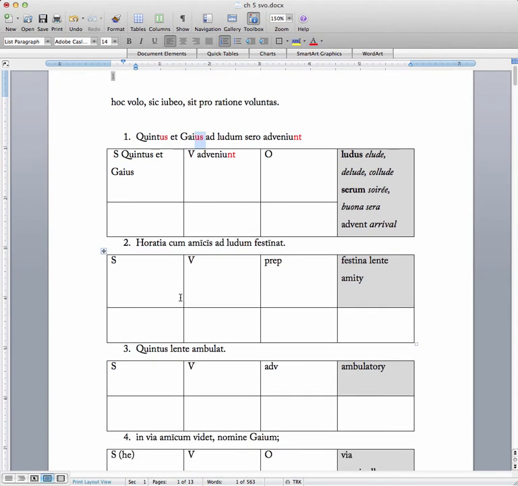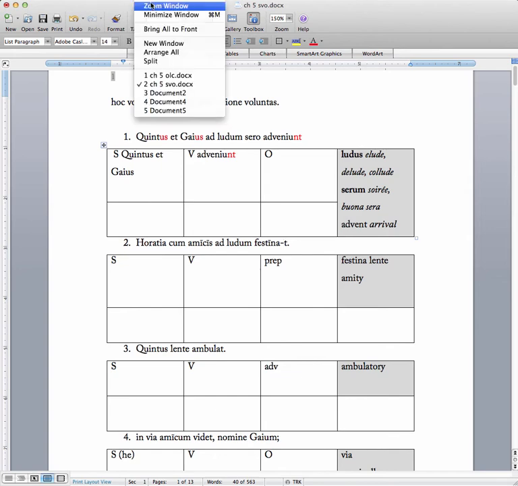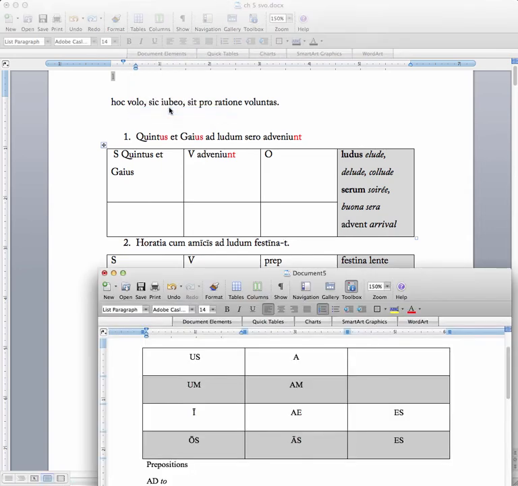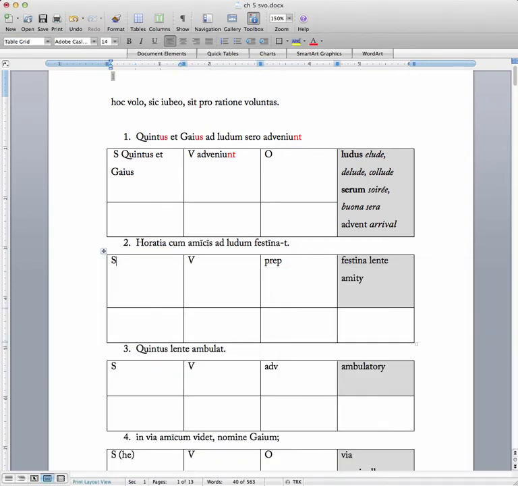Second example, Horatia cum amicis ad ludum festinat. So the verb is easy to identify. If you look at the chart which I just showed you, to see the noun ending A, you'll see that it's also nominative. So we'll put that here. Cum is a preposition.